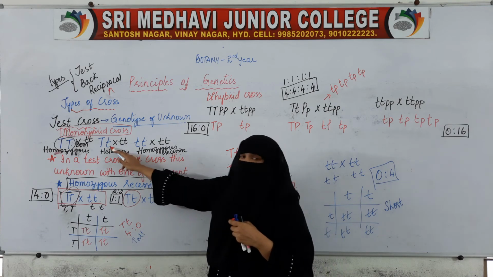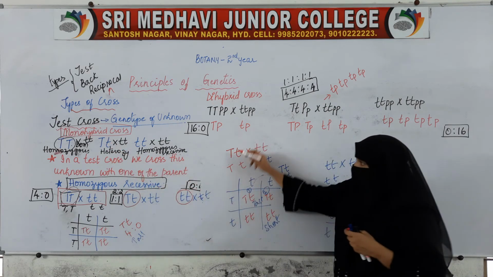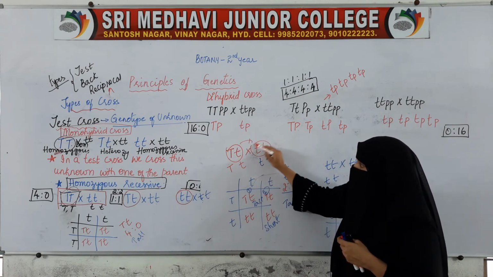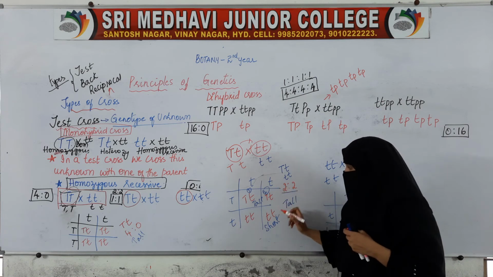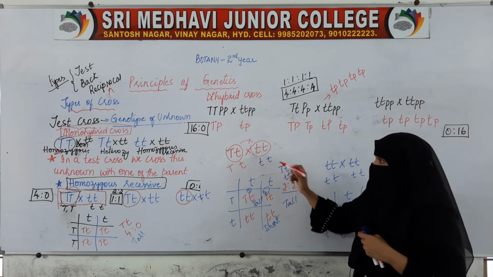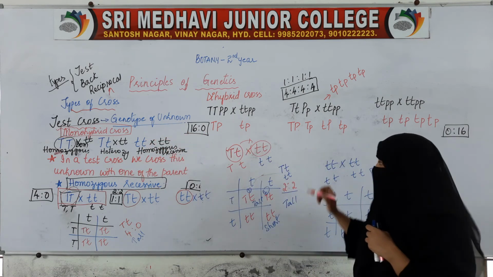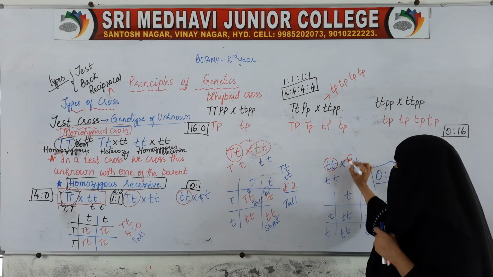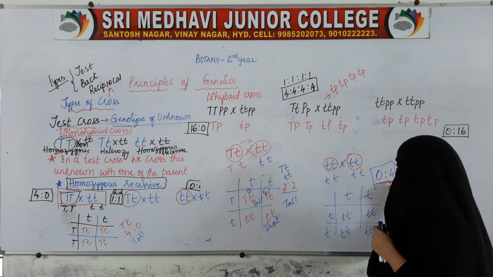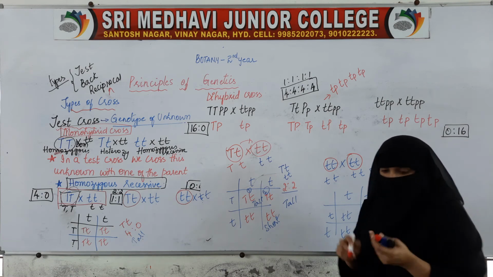When we cross the heterozygous with homozygous recessive, we get the ratio 2:2. And when we cross the homozygous recessive with homozygous recessive, we get the ratio 0:4.